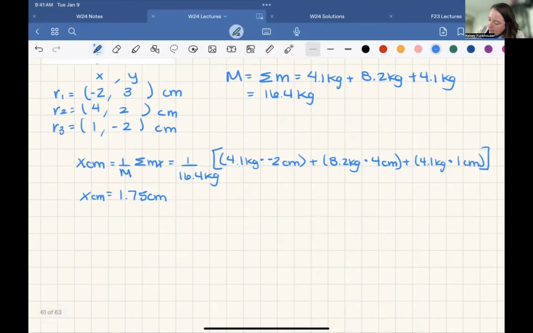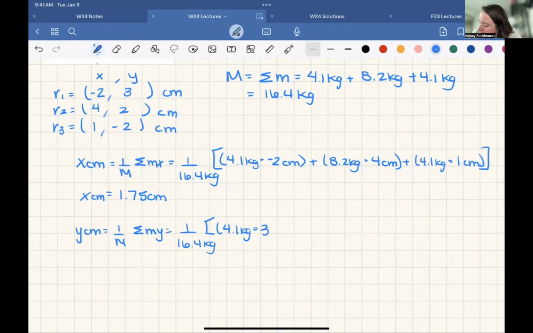And then let's do the y coordinate of the center of mass. 1 over 16.4 kilograms, times 4.1 kilograms times 3 centimeters plus 8.2 kilograms times 2 centimeters plus 4.1 kilograms times negative 2 centimeters.